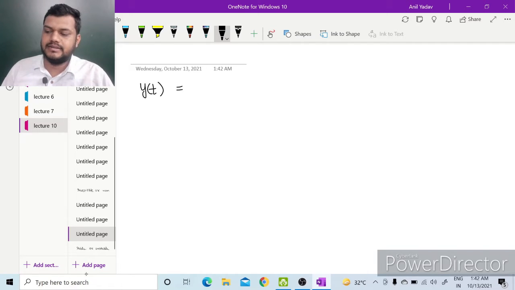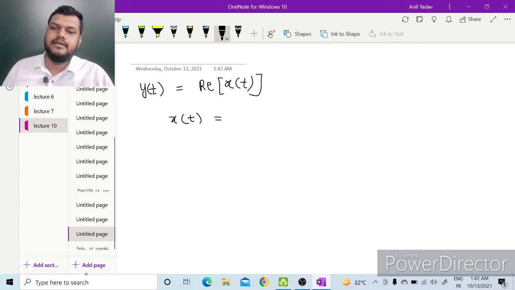Let us see y(t) is the real part of x(t). Now here we can say, let us say x(t) is a plus j omega. So y(t) will be the real part of x(t). The real part of x(t) is a, so y(t) will be a. Let us say x(t) is a minus j omega.